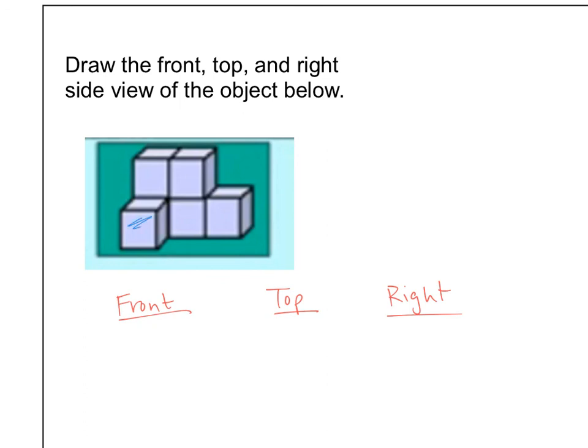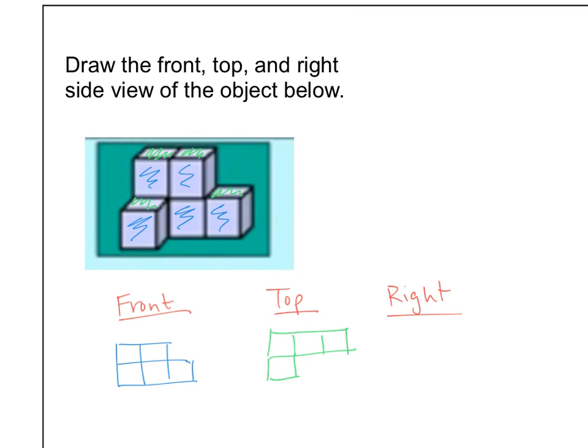From the front, we're going to see 1, 2, 3 on the bottom and 1, 2 on the top. So I think it would look like this. From the top, let me use a different color here. I think we're going to see the tops here, 3 in a row and then 1 out front. So in that back row, there's going to be 3 and then there's going to be 1 out front.